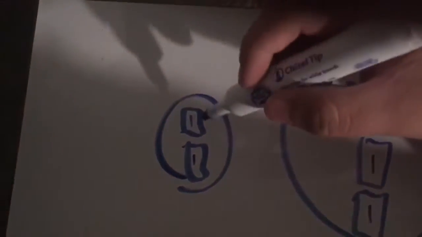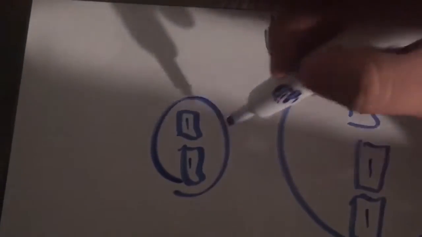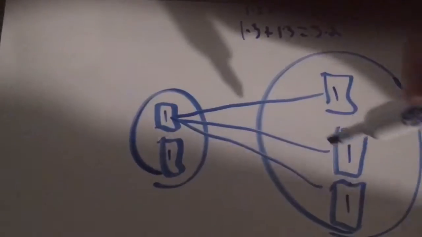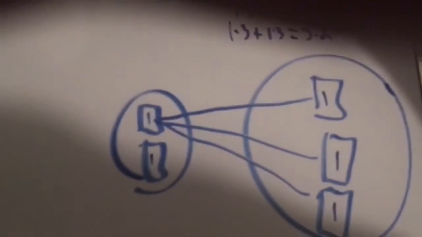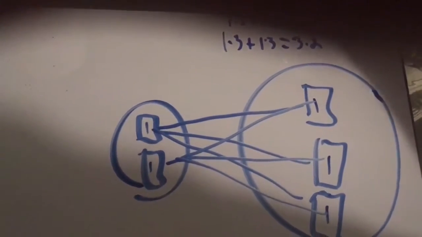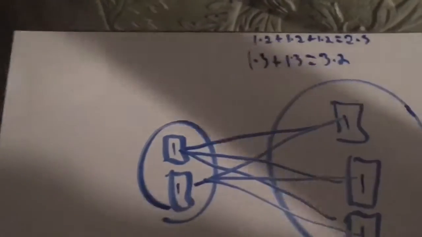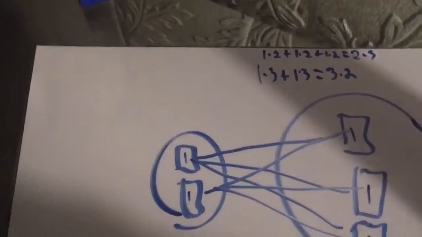Each individual kilogram of this one is going to pull on each kilogram of the other. They're pulling on each other with some force. So the force between them is just 2 times 3, without any units.